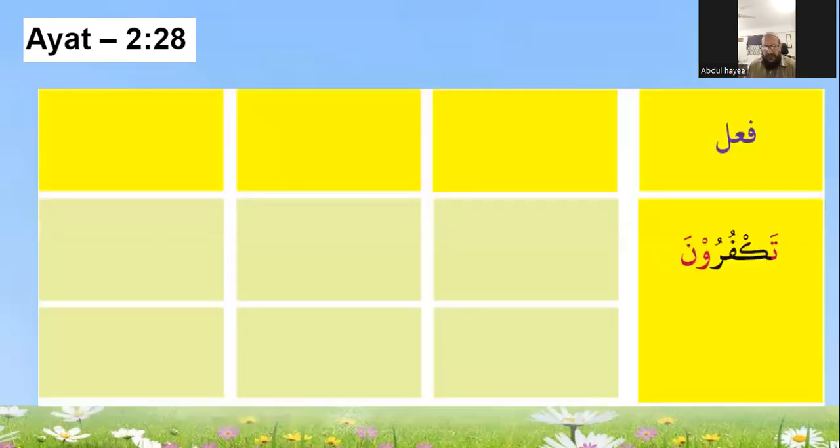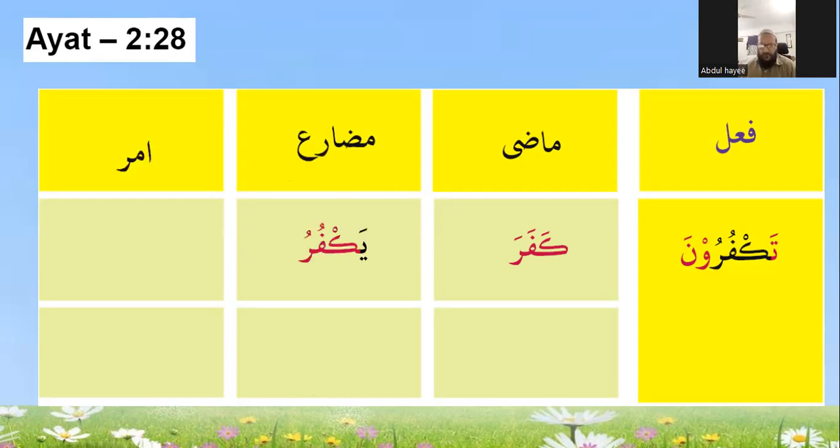If I say takfuruna, what is the madi? Remove the alamat mudare, remove the waw and nun. So kafara, kafara is the madi. Please make the mudare from kafara. Yakfuru. What about amr? Ikfur? No. Why not ikfur? Look, in the mudare the end kalma has a dhamma.